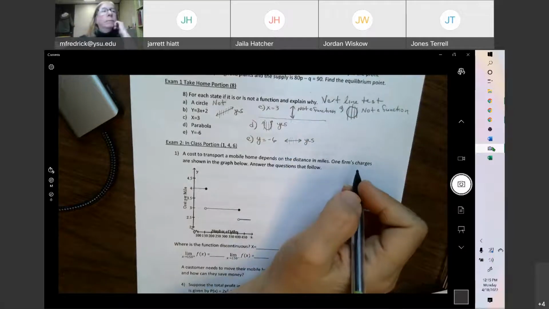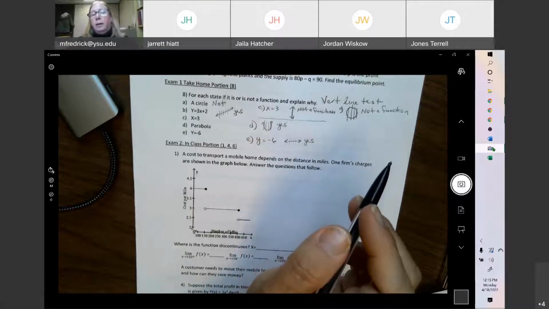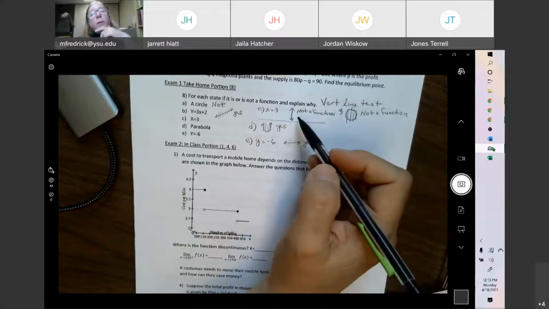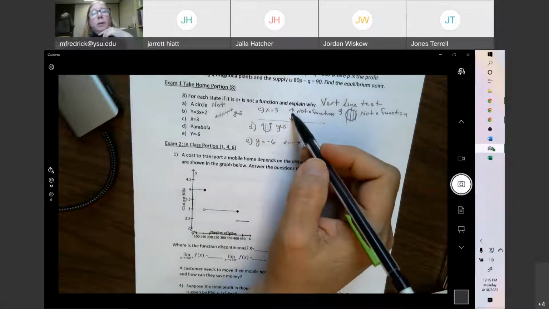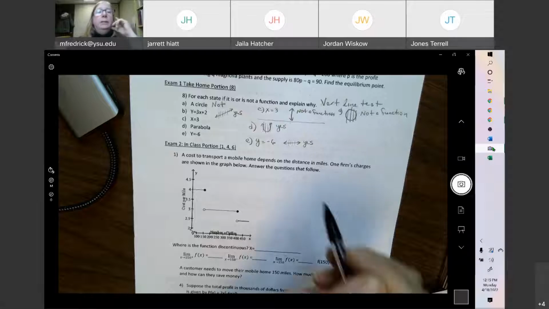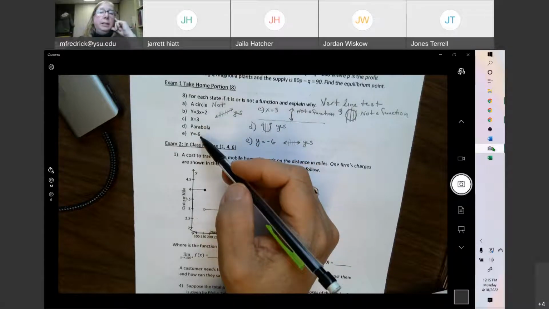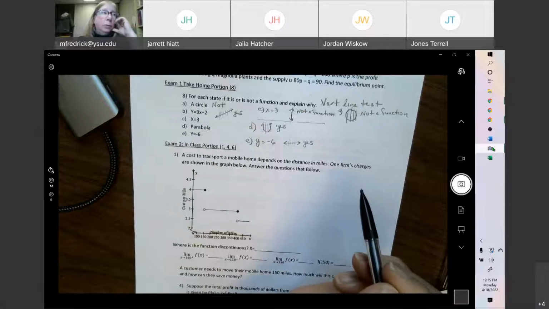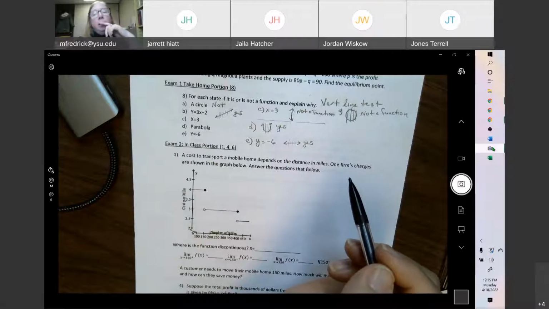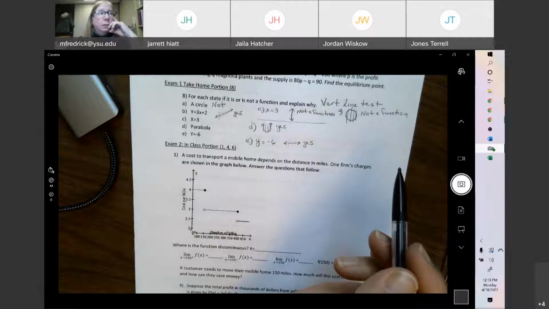Yes. So the only linear line or straight line that would not be a function is a vertical line. All other straight lines, the straight lines are B, C, and E, will pass. Any questions on that? Any questions on a function?